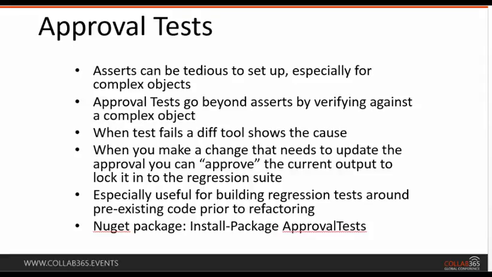But any kind of artifact that your code is generating can be tested as a whole. Make your modifications until you get the desired output, and then you can push a button on the approval test system and say, okay, this is what it should look like, and then lock that in as a sort of regression test.